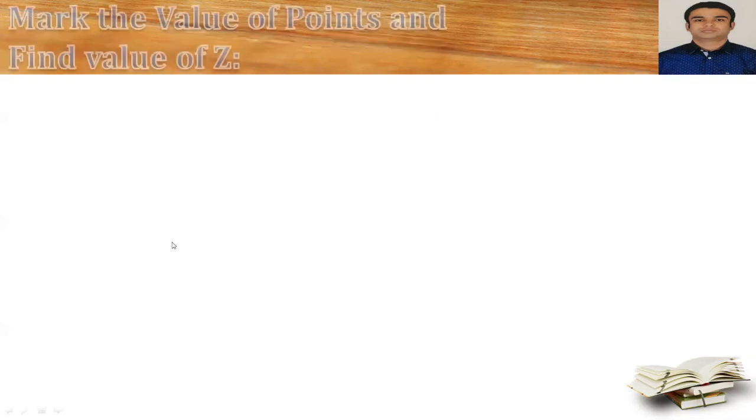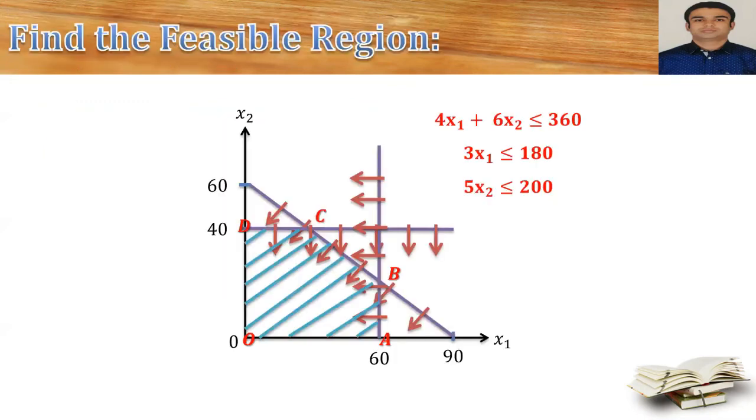After that, note down the values of the points. The O point means the origin, 0, 0. The A point is 60 and 0. Point B lies on equation number 1, 4x1 plus 6x2 is greater than or equal to 360, and equation number 2, 3x1 is greater than or equal to 180.